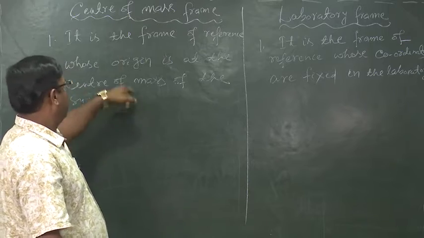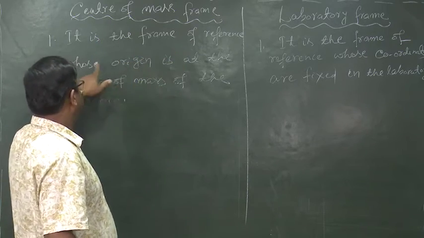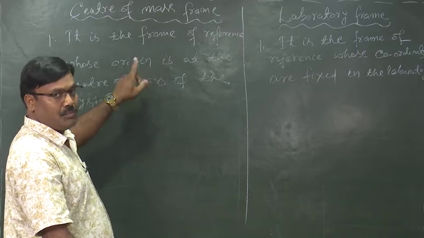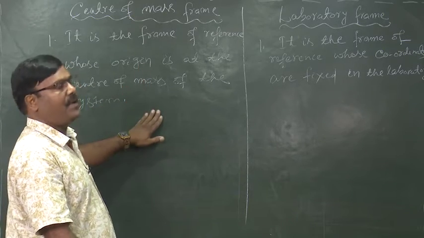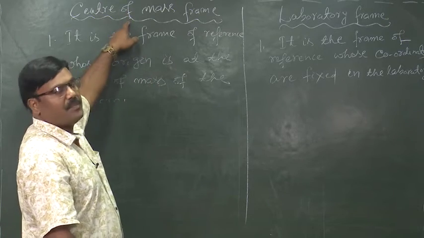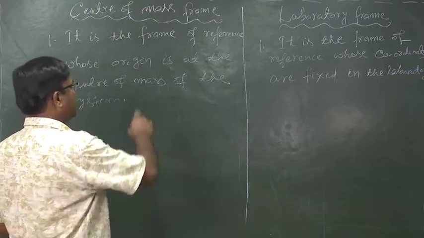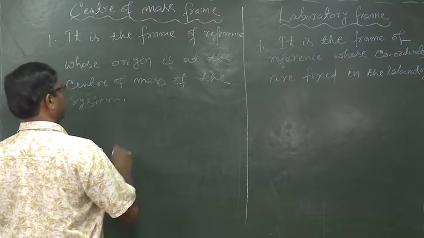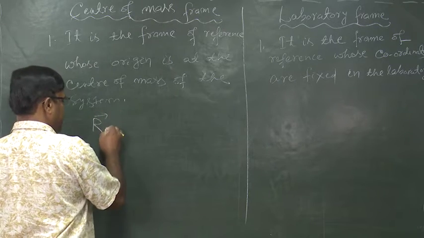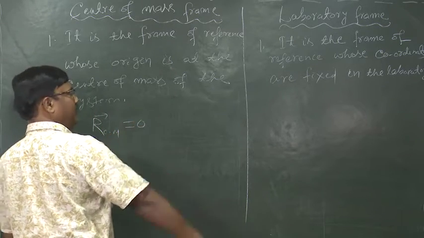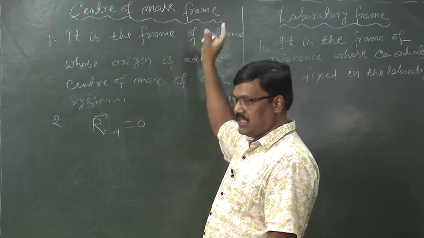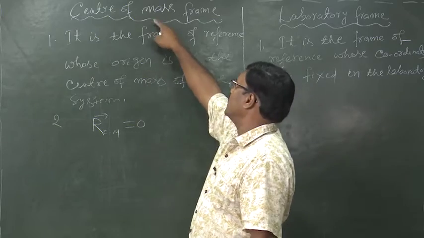Since the center of mass frame has its origin at the center of mass of the system, the position vector of the center of mass with respect to the center of mass frame is 0. That is, R center of mass is equal to 0, because the center of mass is situated at the origin of the center of mass frame.